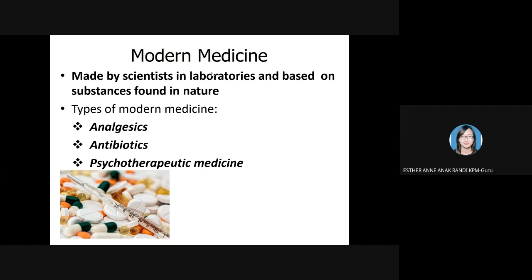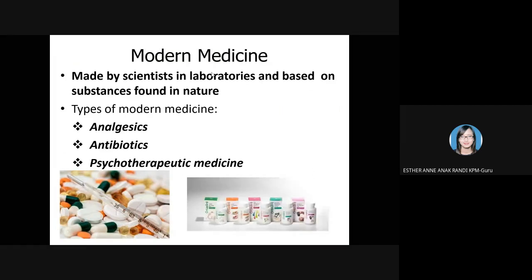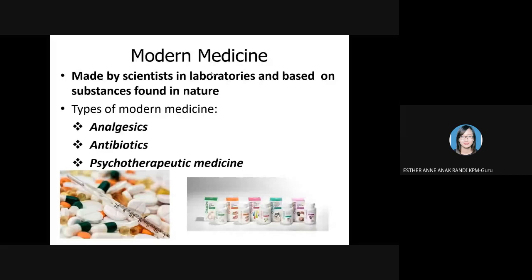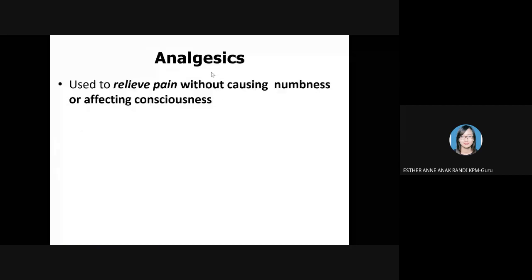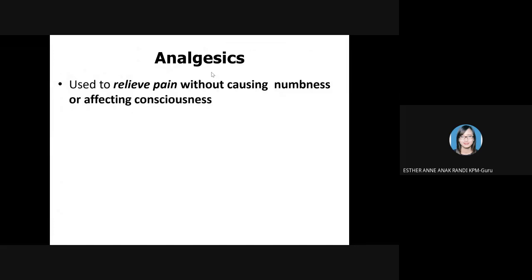Three types of modern medicines are highlighted in this part. So let's look at analgesics. Analgesics or painkillers are used to relieve pain with numbness or affecting you.